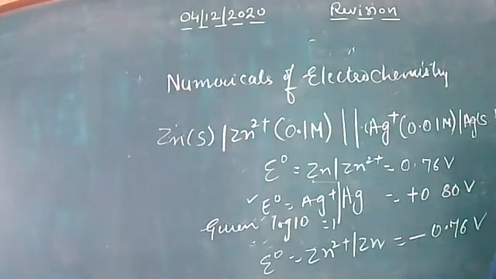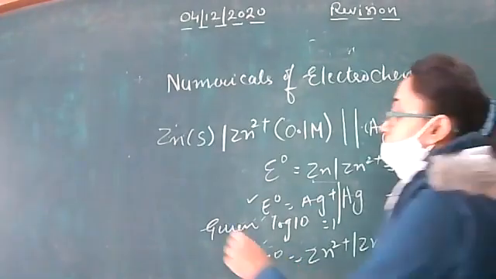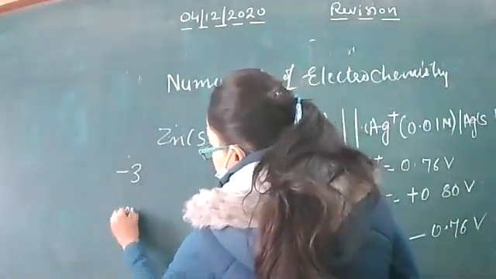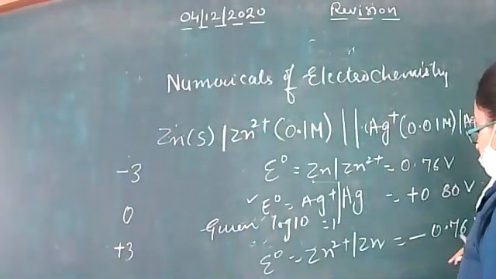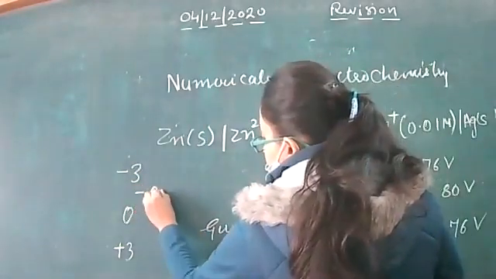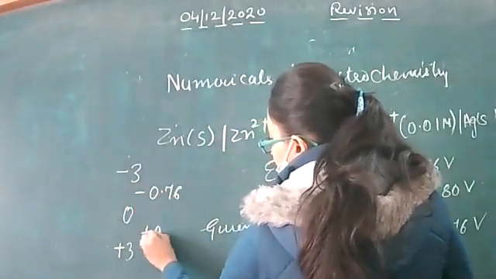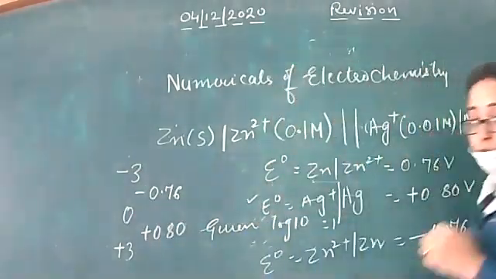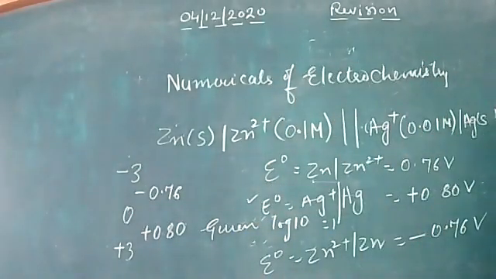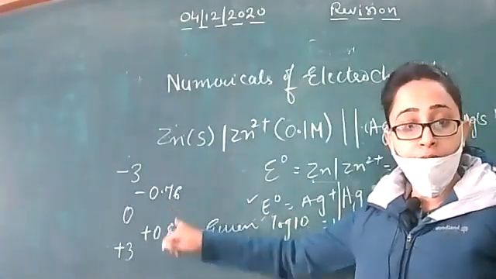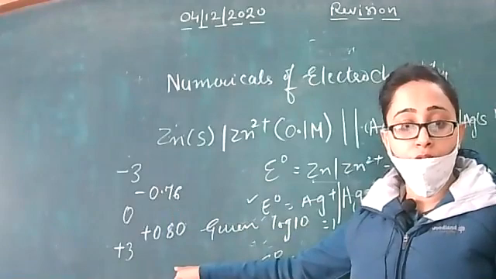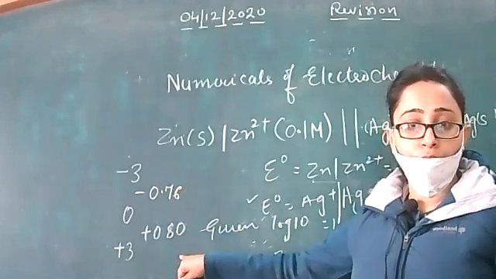ठीक. अब इसके बाद let us find what is the cathode and what is the anode in our cell. Our trick is -3, 0, +3. So we have the value of minus 0.76 and plus 0.80. The value minus 0.76 is above and plus 0.80 is down, so this is anode and this is cathode.